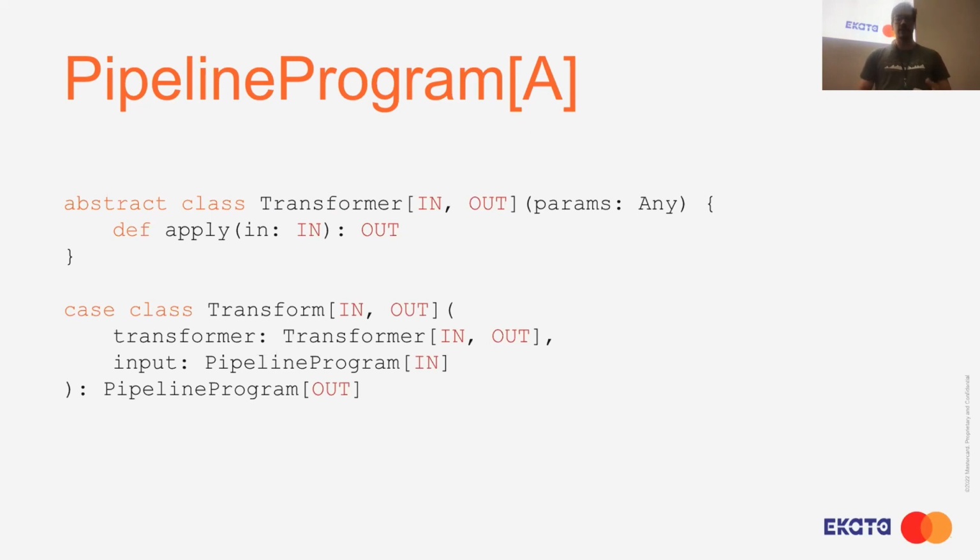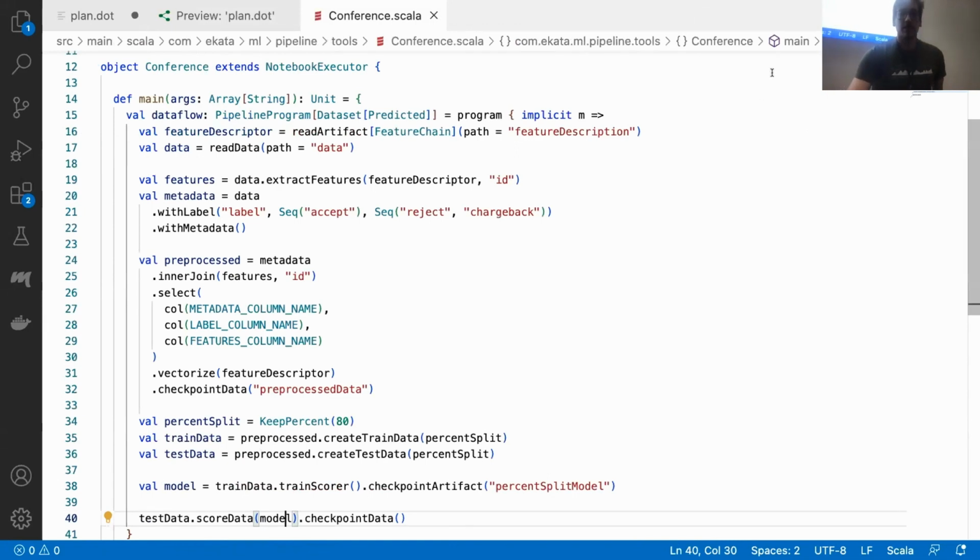So with that, let's see how we can write a simple program in our DSL, and hopefully demonstrate that it's actually easy to pick up. Is it readable? Okay, so first we start with a feature descriptor. We read an artifact in. In our case, the feature descriptor is called feature chain, nothing extra.